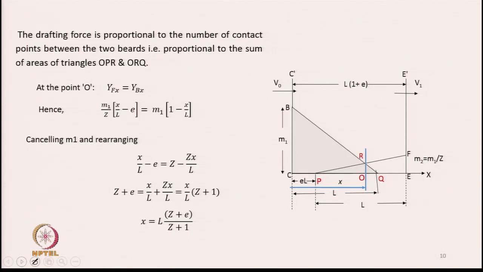OPR and ORQ. So, let us look at these two triangles. To make the observation easy, we have written these letters O, P, R and Q in red color, so it can easily catch your eyes.